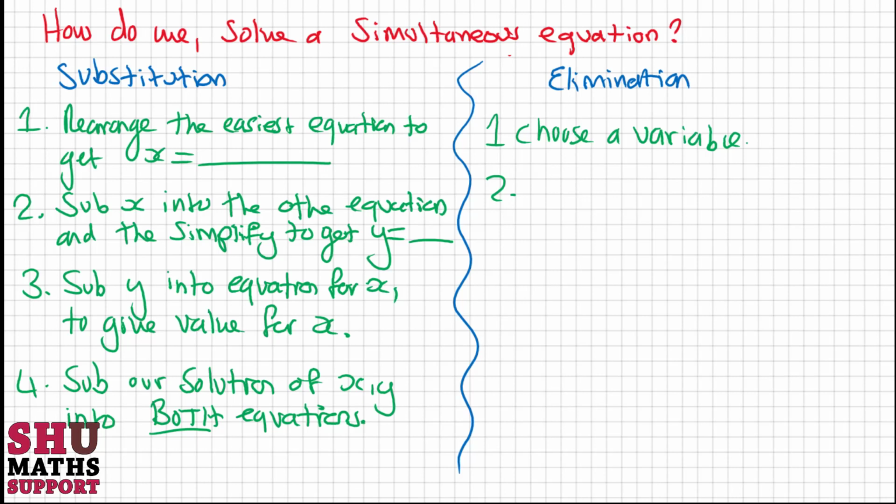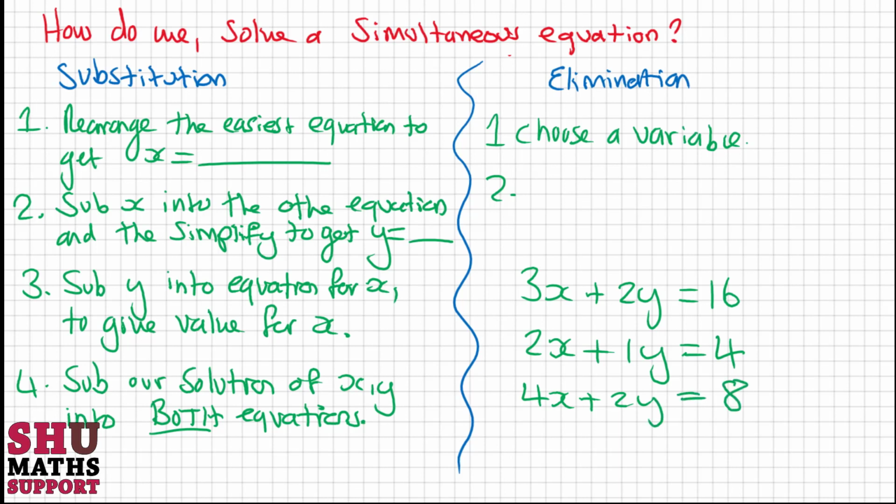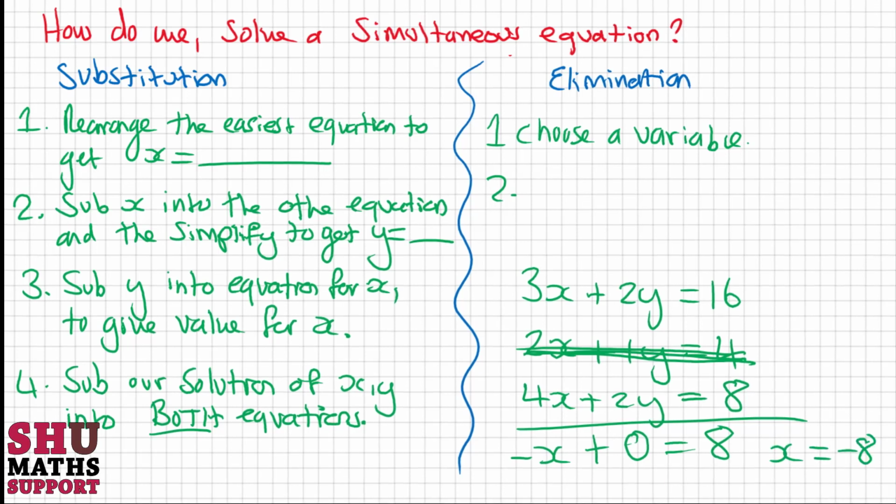And what this means is, if we had something like 3x plus 2y is equal to 16, and then 2x plus 1y is equal to 4, then if we wanted to eliminate y, the easiest thing to do would be to multiply this bottom equation by 2, so that we would end up with 4x plus 2y is equal to 8. Then we would use a second equation in order to eliminate y. So we'd obviously have 3x minus 4x, which is minus x, 2y minus 2y is 0, and then 16 minus 8 equals 8, which would mean that x is equal to minus 8. So that's what we mean by step 2.